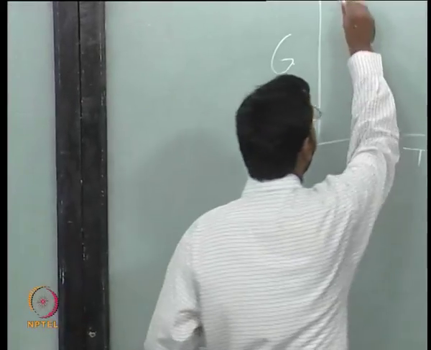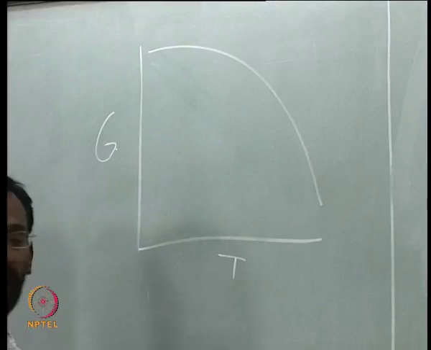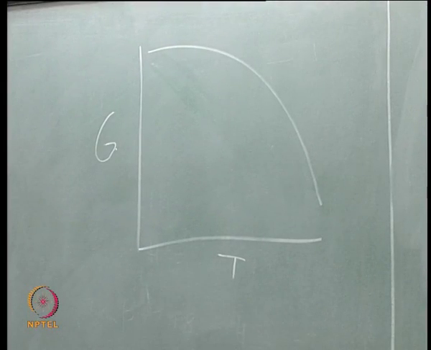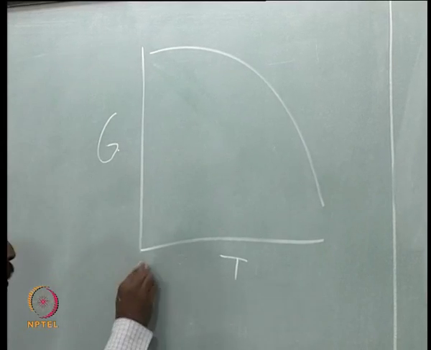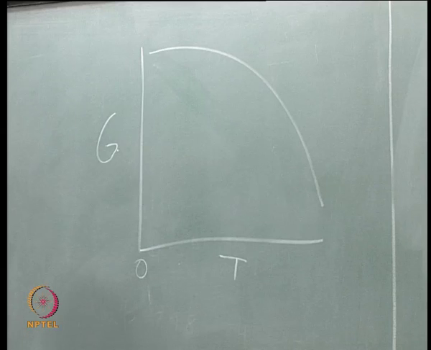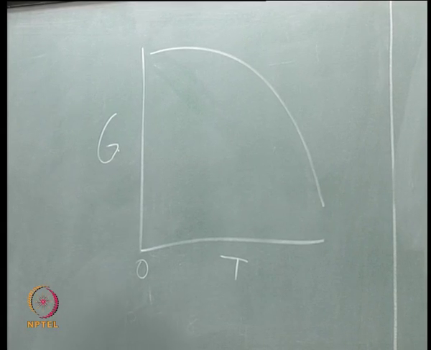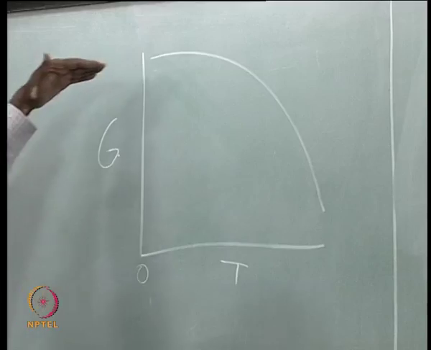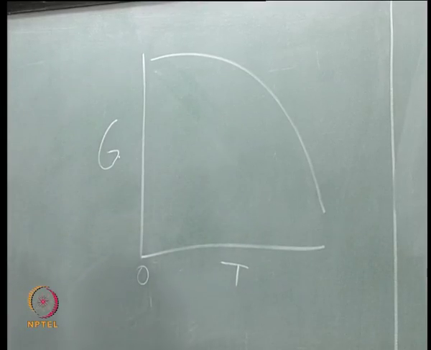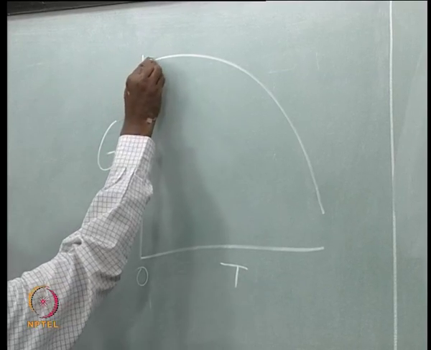Yes, it should decrease like this, to an extent that as I come closer and closer to absolute 0, the slope should tend towards 0, because at absolute 0 entropy is 0. So the slope of free energy versus temperature should go to 0 at absolute 0.